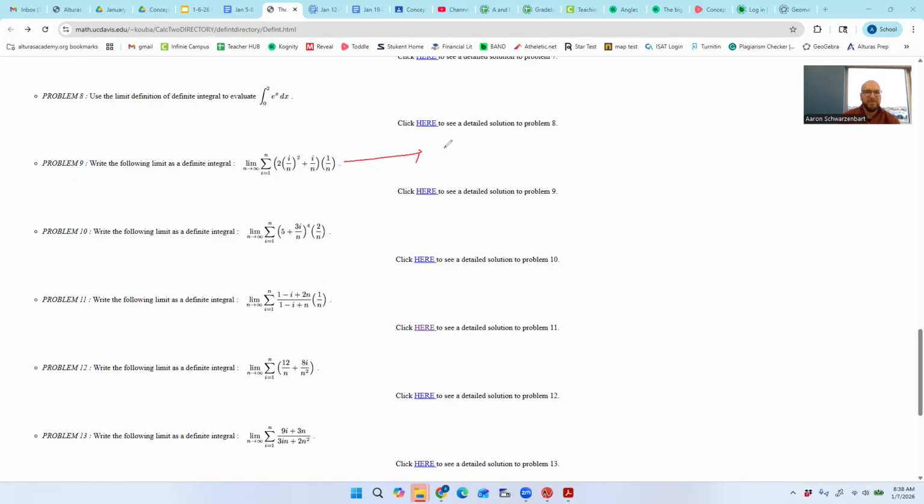Move the 1 over n to the front. Yes, very good.